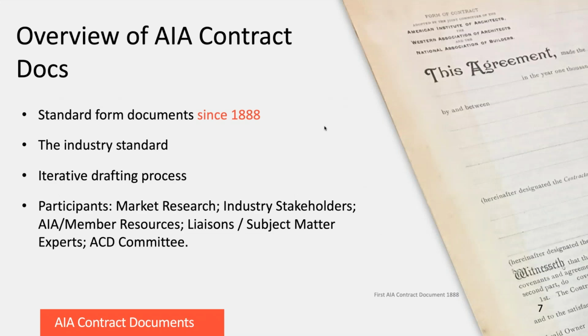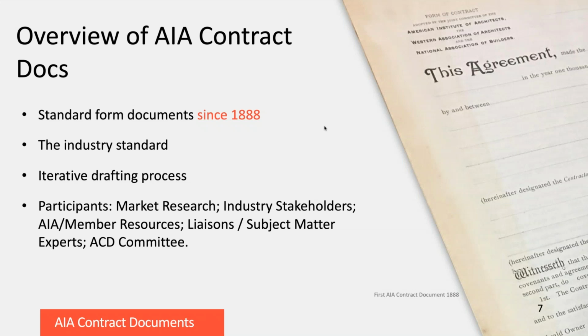Now, the AIA Documents Program has been going since 1888. It really has become the industry standard, used much more than any other published agreements. We have an iterative drafting process where most agreements are updated every 10 years, and during that time we collect information on industry trends and practices and so on.